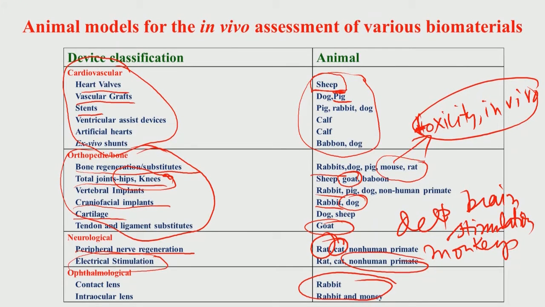If the animal is very small, often it is very difficult to access that particular organ. So accessibility to the organ in question, for that specific application, is equally important.